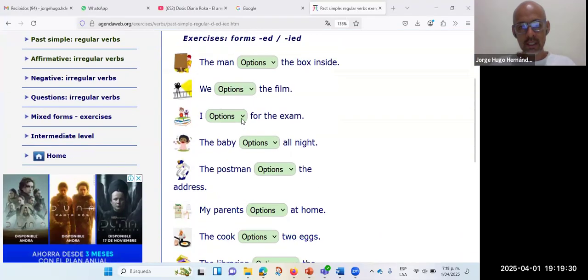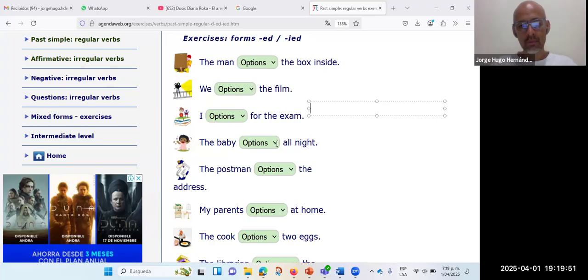Another one, in this case, study. The verb is study. It finishes in Y, but before the Y there is a consonant. If there is a consonant, you have to change, and then add ED, okay?